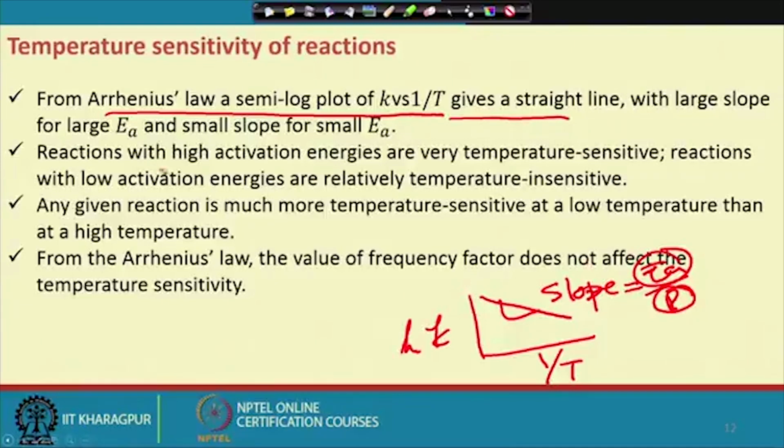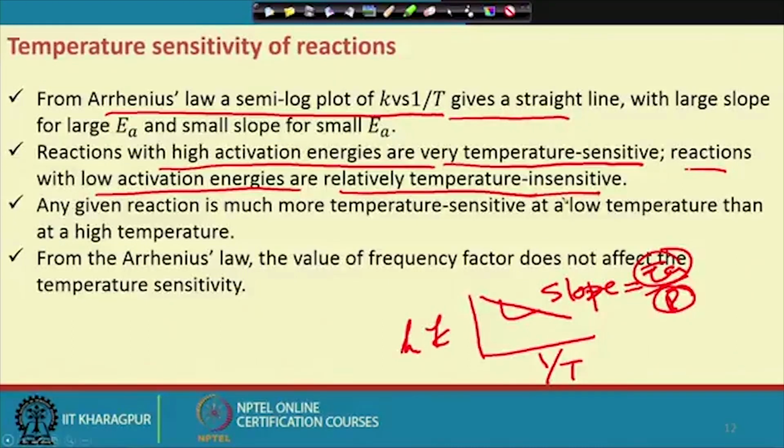Reactions with high activation energy are very temperature sensitive, and reactions with low activation energy are relatively temperature insensitive. So the activation energy plays a very important role as far as chemical reactions are concerned.